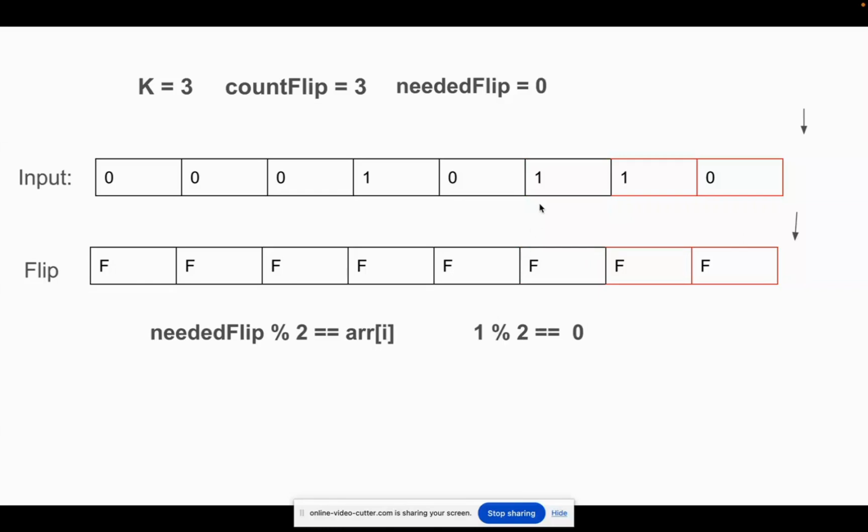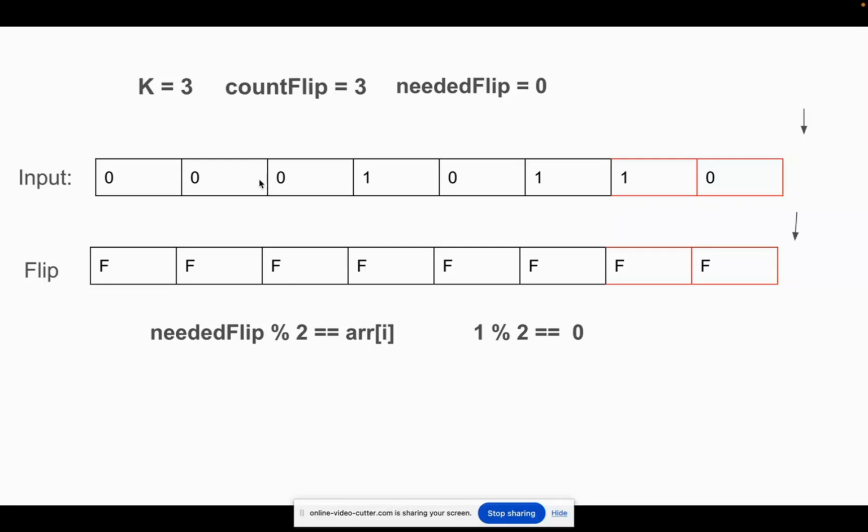And now needed freq equal to 0, and here becomes 4. So now we already point to the end of the input array. So here we just check the needed freq. Okay, needed freq equal to 0, which means we just return 3 as the minimum freq time. It's valid. So all the numbers become 1.